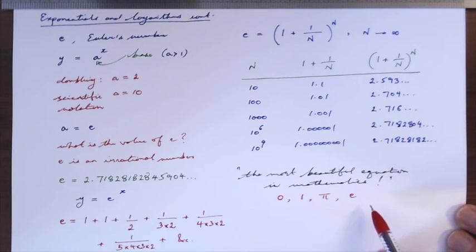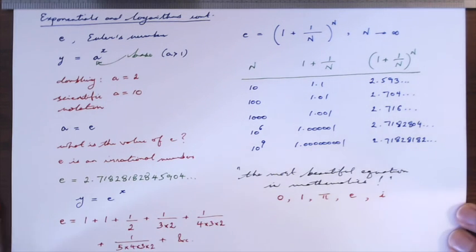Now, the 5th number is a number that you will only meet at advanced higher mathematics. But really, I believe every young person should meet this number early on in their maths career, because it is so important actually in mathematics and a little bit mind-bending. But this number is what is called i.